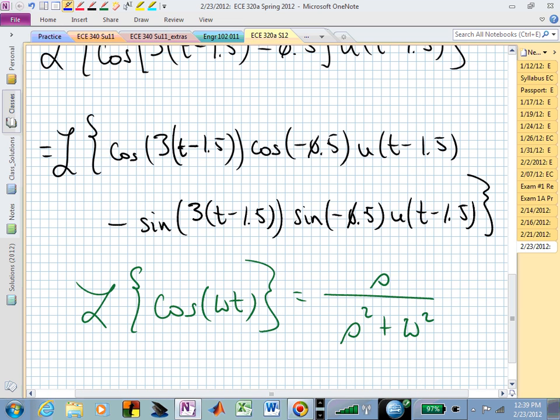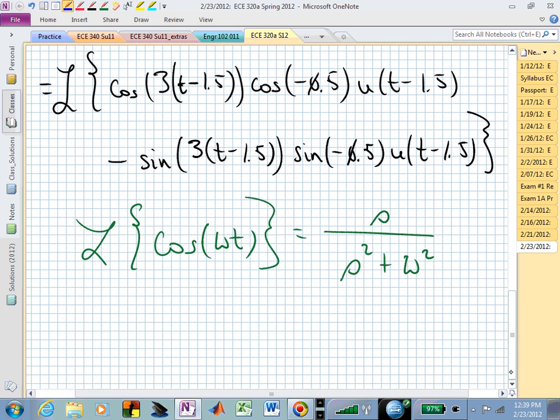Remembering that, we now can write down what F of s is. And the thing to note is, what do these terms that I've now highlighted in blue or underlined in blue, how do we transform those? Those are just constants.